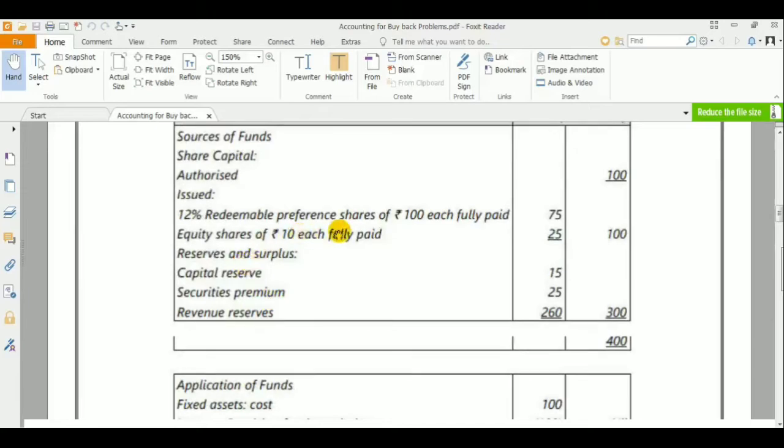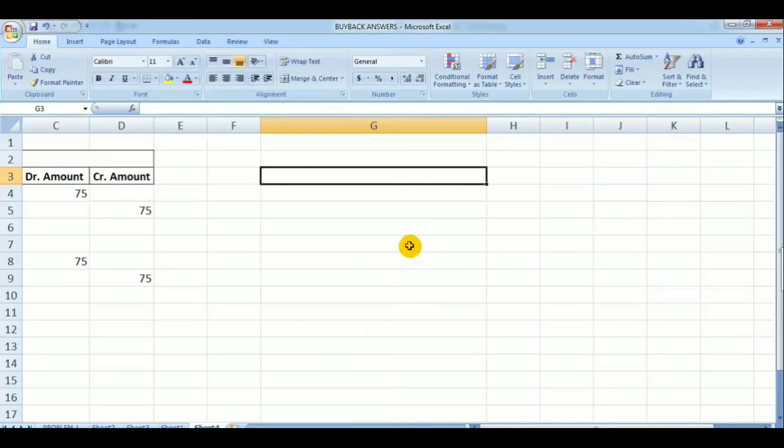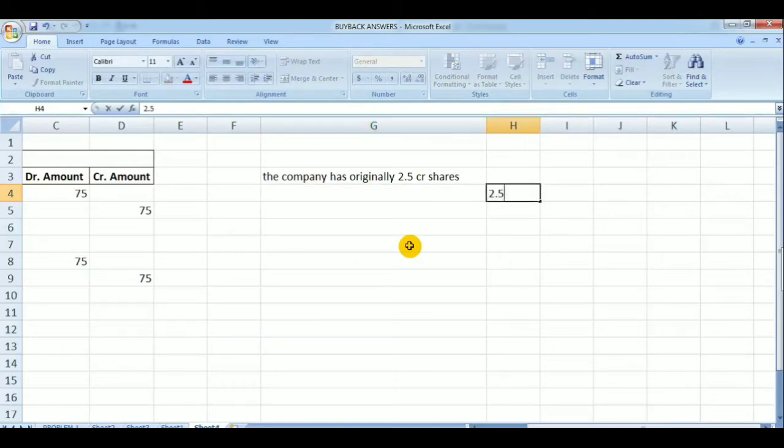The problem has 25 crores of share capital, and each share is of 10 rupees, so the company originally has 2.5 crore shares, making up a capital of 25 crores.